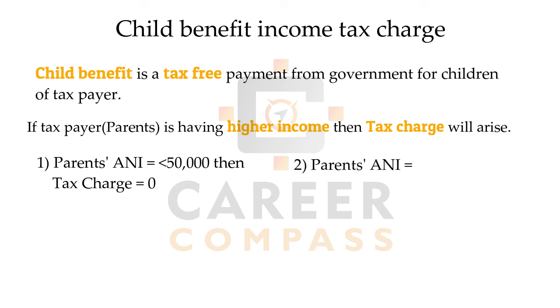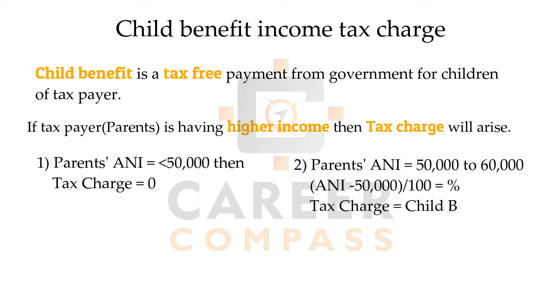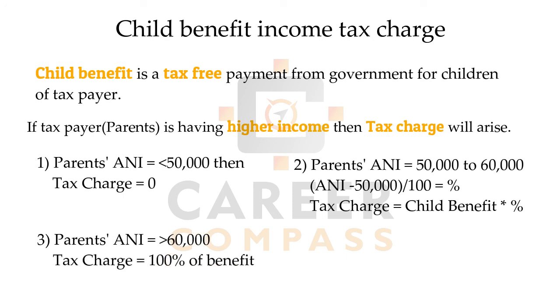The first is that if the ANI is between 50,000 and 60,000, then we have to apply the formula and calculate the tax charge. And it is given over here also. And the second point is that if any of the parents has an ANI of more than 60,000, then 100% of the child benefit will be considered as the tax charge, right?